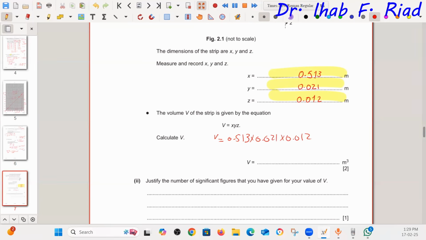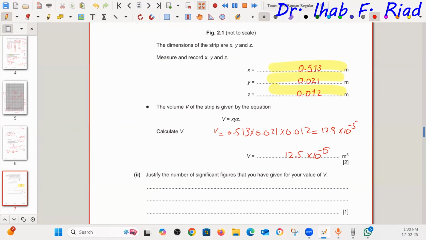Okay, then we do this math. I did that and I got 12.9 times 10 to the power minus 5. Okay, sorry, 12.9.